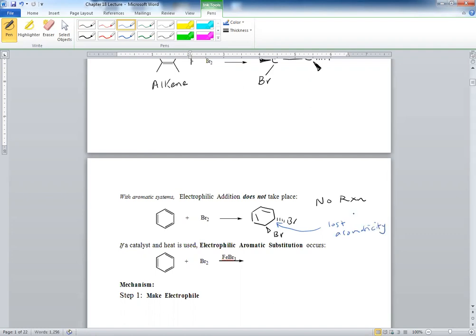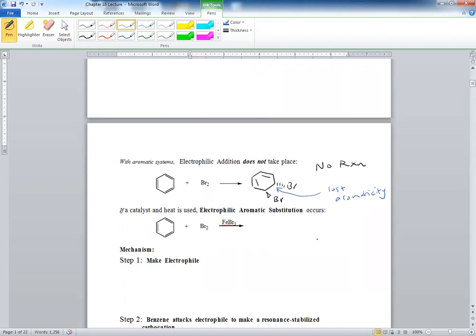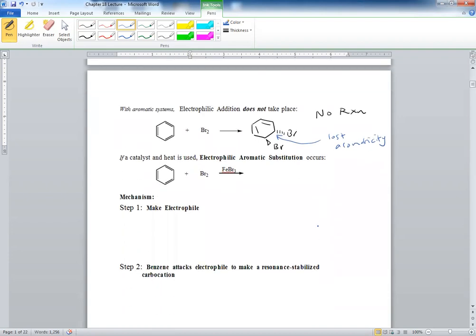So let's go ahead and start with the first reaction. So how would you add the bromine then? You can, but you need what we call a Lewis acid. So iron 3 bromide is a Lewis acid.